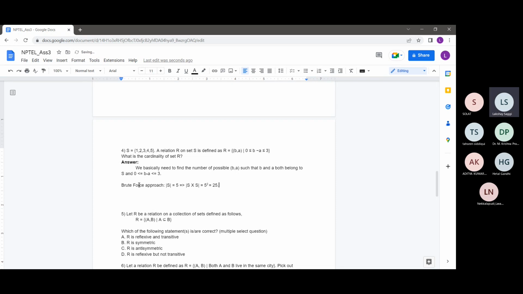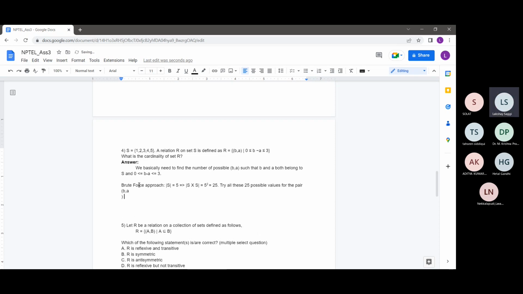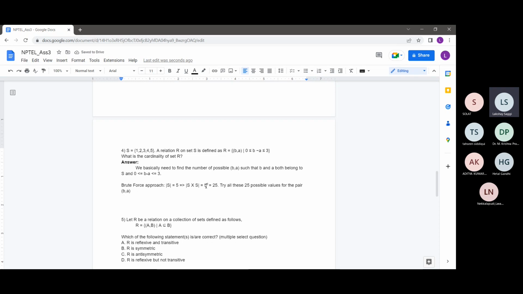So basically, try all these 25 possible values for the pair (B, A). Just to give you guys an idea of what I'm writing, in this brute force approach, we take all possible pairs of (B, A), and then check how many of these satisfy the condition that B minus A is greater than or equal to 0 and less than or equal to 3.